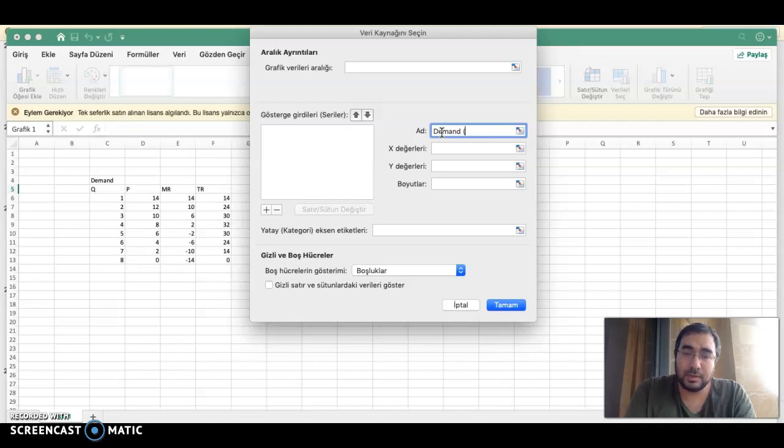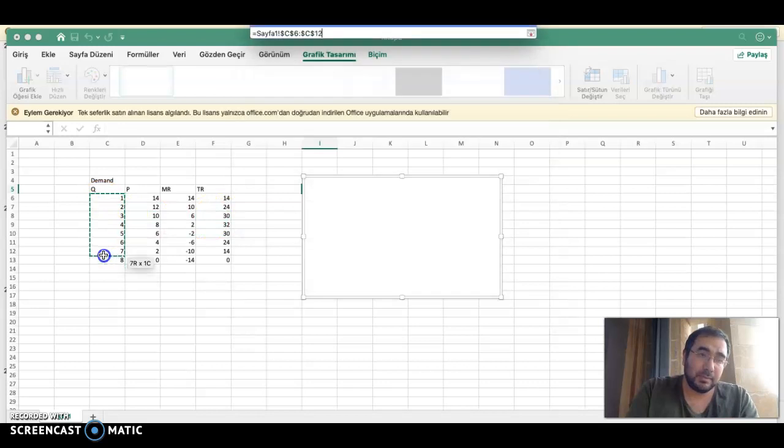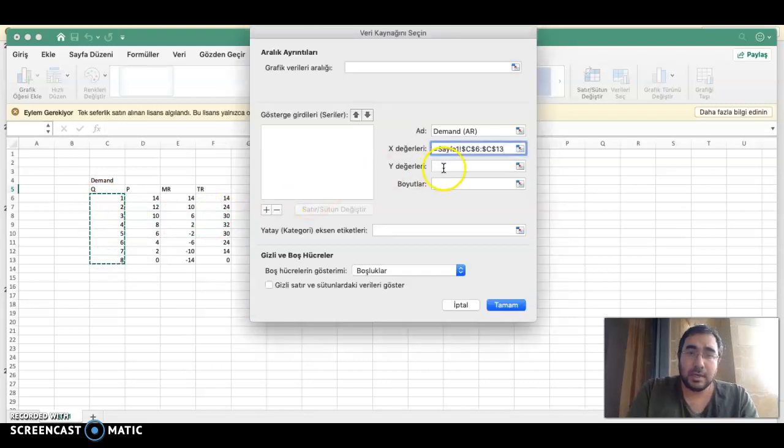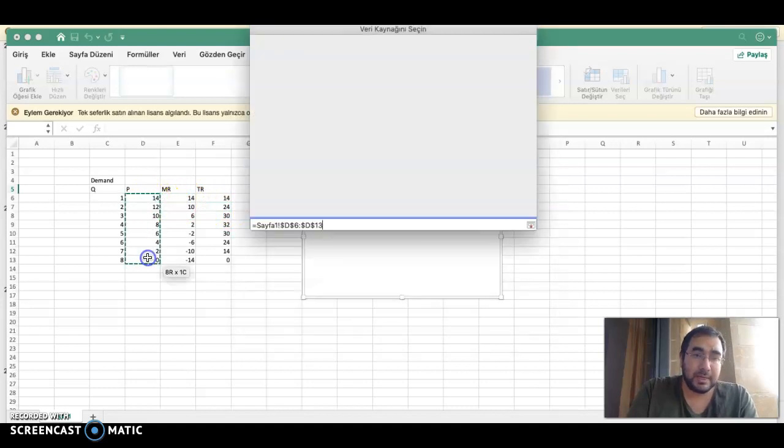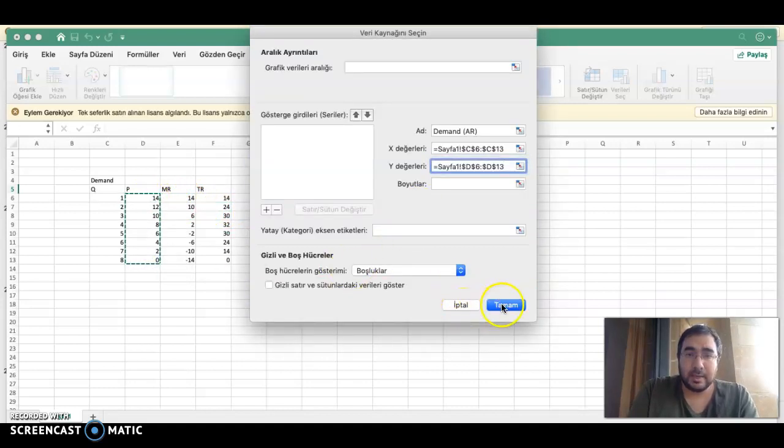Note that the demand curve will also show us the average revenue for the company, and x values are like always the quantities, and y values are for demand. It is equal to price, so this is our series 1.